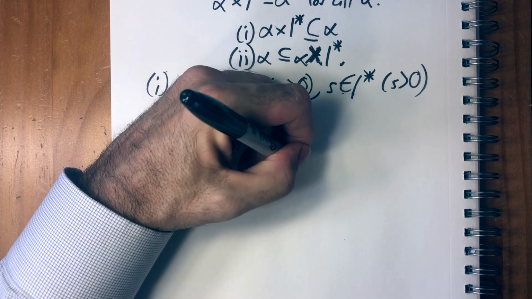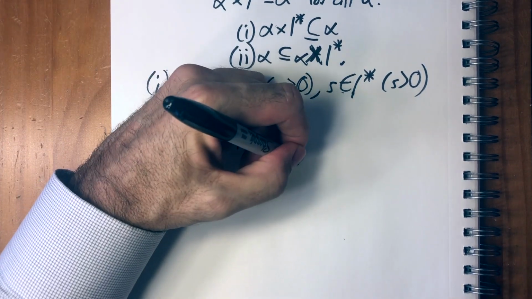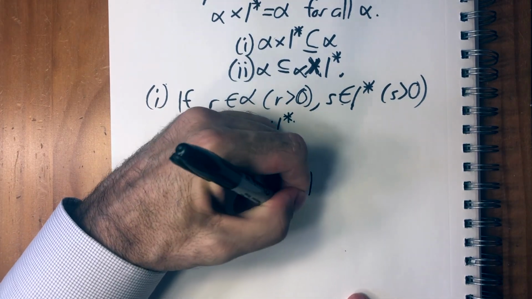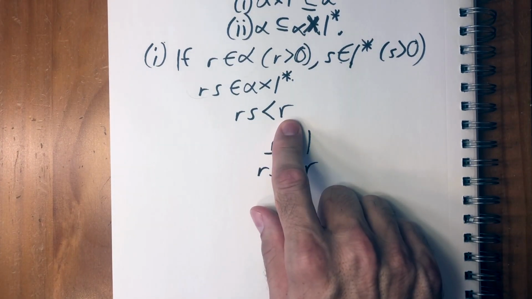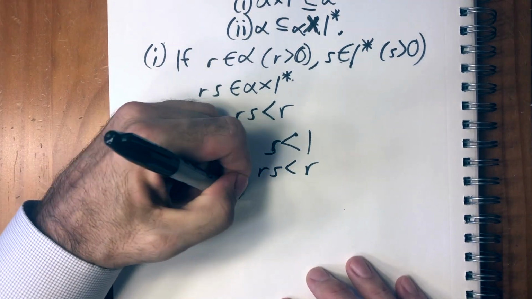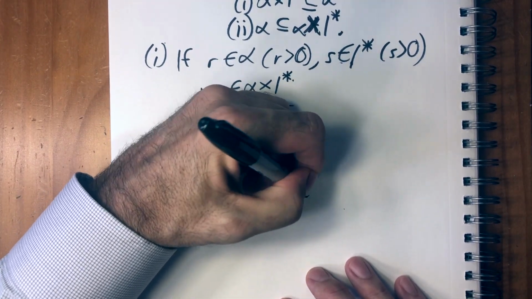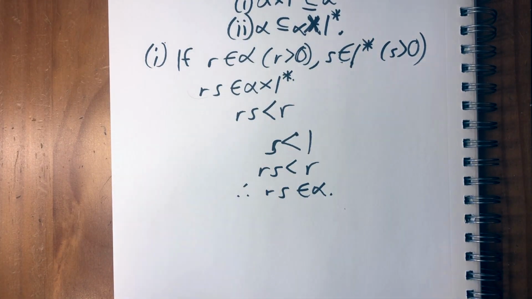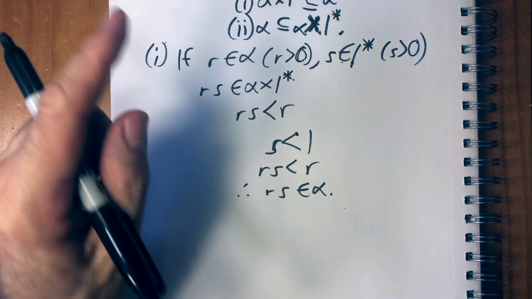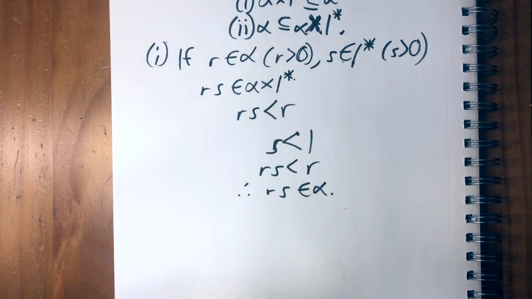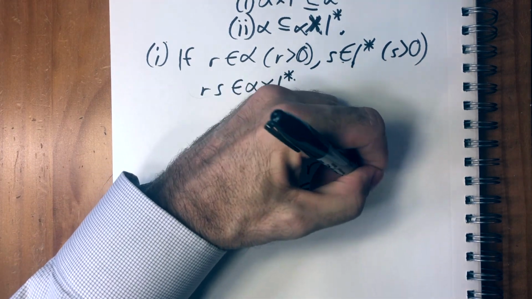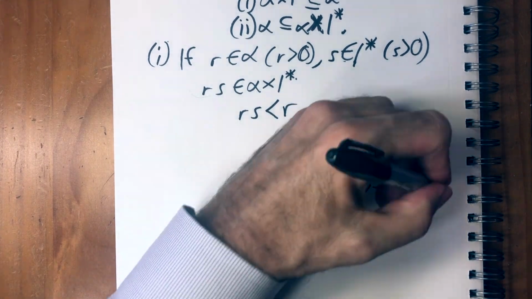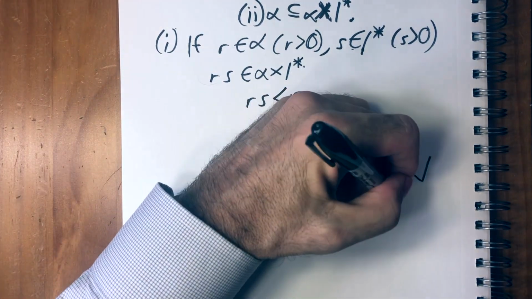We've done this many times, but just to verify, if you multiply both sides by R, you get RS is less than R. That means RS is an element of alpha. This is from number 2, right? Because we started with R an element of alpha, and then we found a number less than R, so by 2, RS has to also be in alpha. Okay, that's number 1.